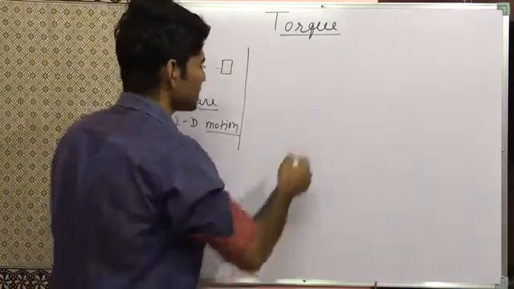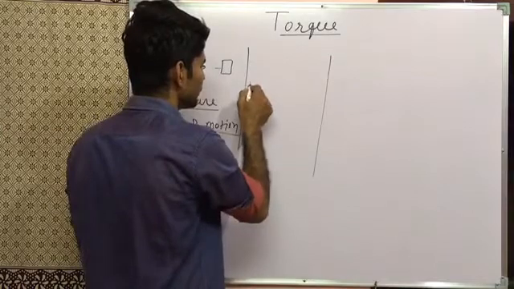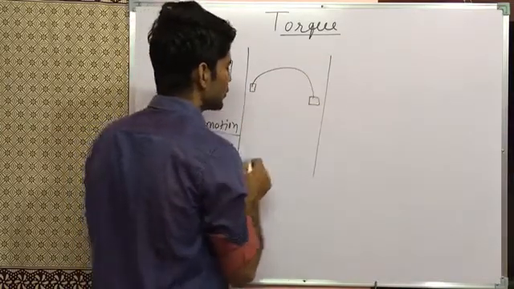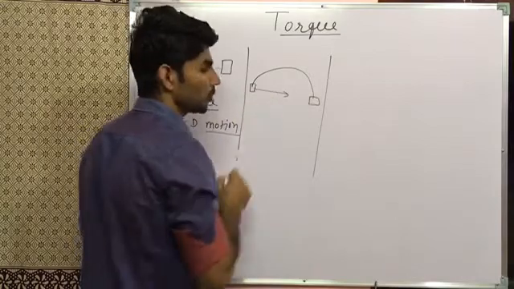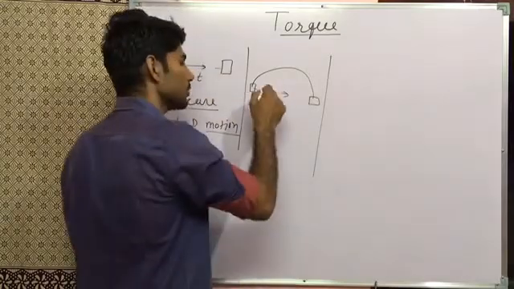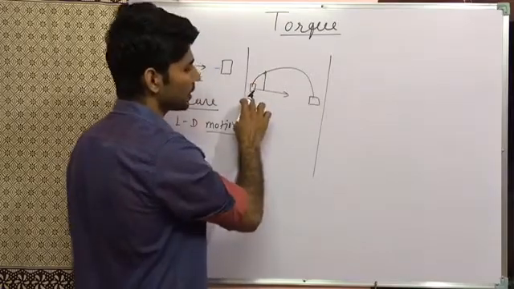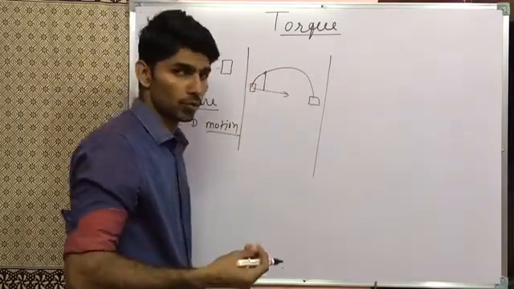In the second case that we have discussed, suppose an object takes a flight and reaches over here. So this object shows a motion in this direction and shows the motion in this direction also. So this object shows motion in two directions.